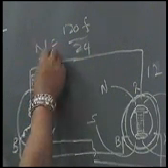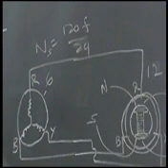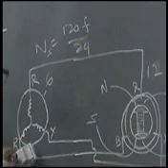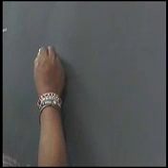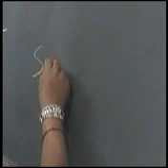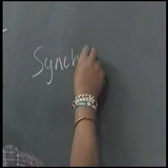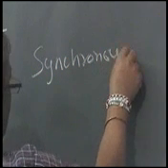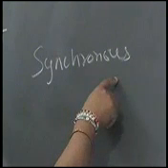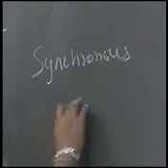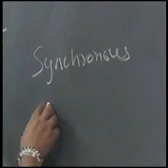And one more interesting fact about the synchronous speed. As the name suggests, synchronous means it must be synchronized with something. That means at the same speed as the power station.